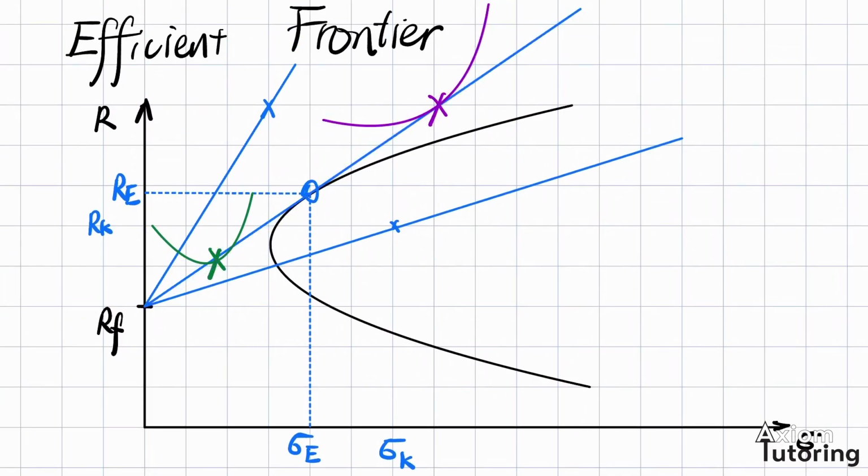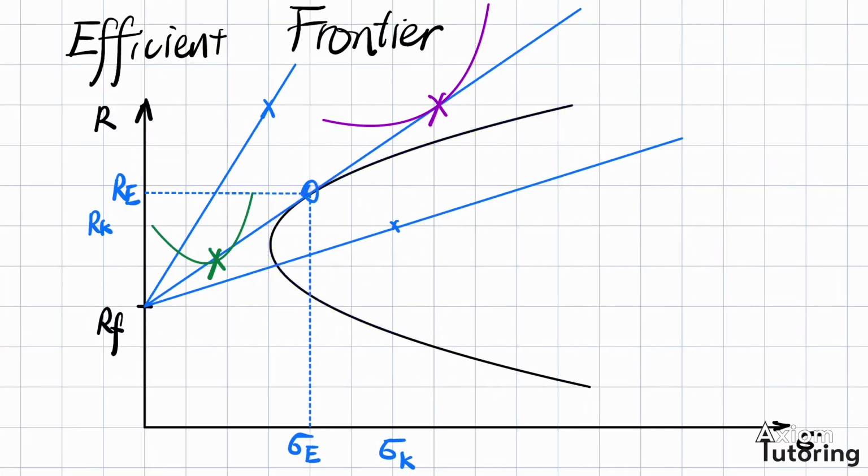Remember, the assumption is that we can borrow and save at the same rate. So this is the final efficient frontier if we combine the risky assets and the risk-free asset. You can compare this with the situation where we only had risky assets. Then this line will no longer be available, and we'll only have this curve here.